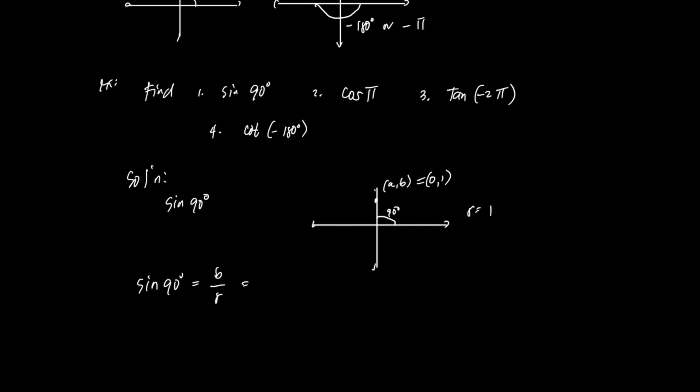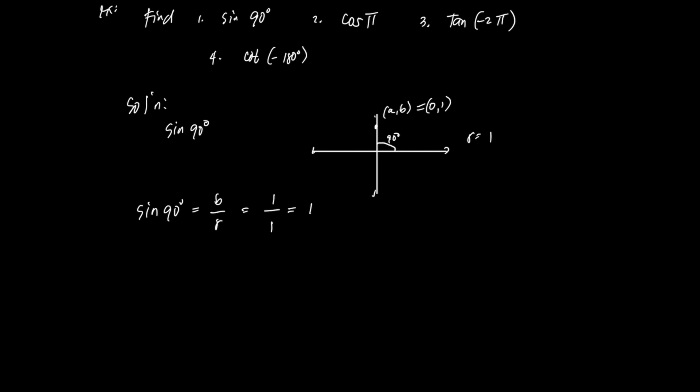And b here is 1, and our r is 1. So therefore our sine 90 degrees is 1. Okay. Now if you also want to find the cosine 90 degrees, the tangent 90 degrees, cotangent, secant, and cosecant 90 degrees, then you can just use the definitions and use the values of a, which is 0, b, which is 1, and r equals 1.